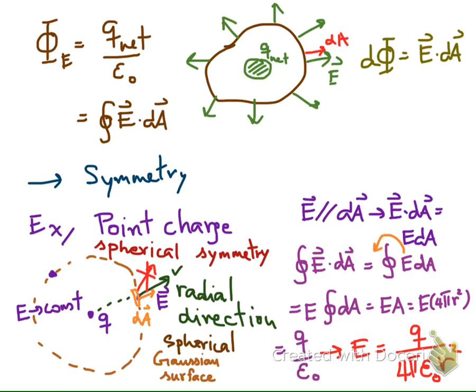This is Coulomb's law. So from this calculation we have the magnitude of the electric field, and the direction points outward in the radial direction, which agrees perfectly with Coulomb's law. So this is the first simple example in which we use Gauss' law to calculate the electric field.